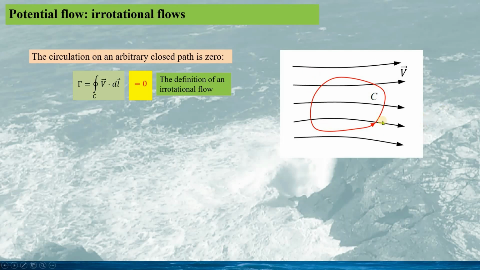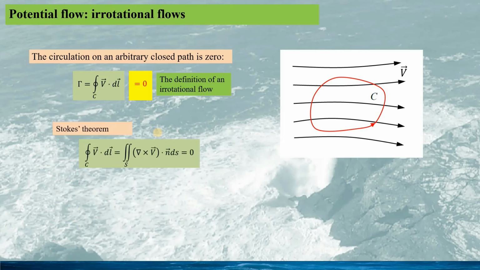So in the flow field, we can make a closed path C, any closed path in the fluid, and we can calculate the circulation, the capital Gamma, given by this integration. If the circulation Gamma is 0, then the flow is called irrotational.